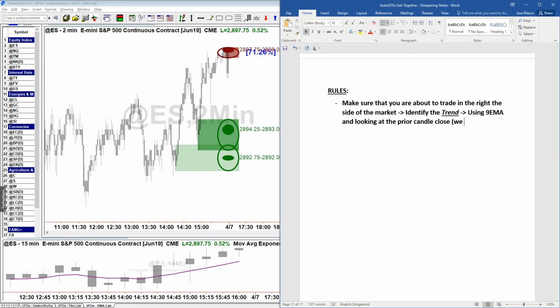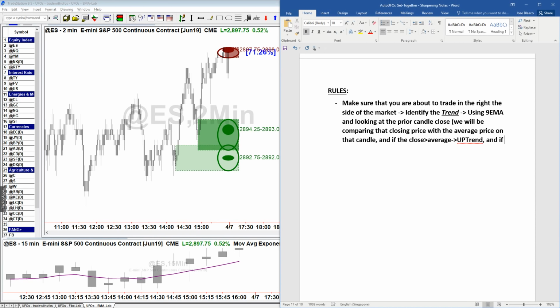And we will be comparing that closing price with the average price on that candle. And if the close is above the average, then you will call it an uptrend.